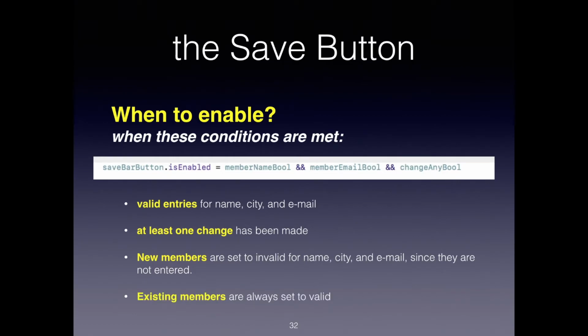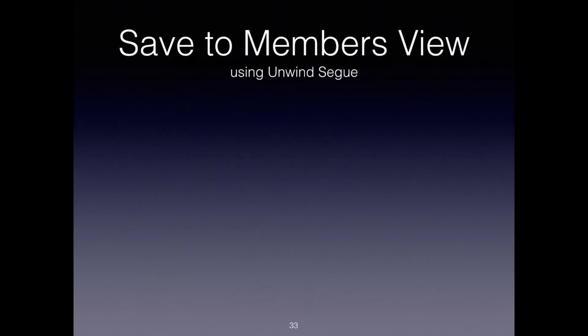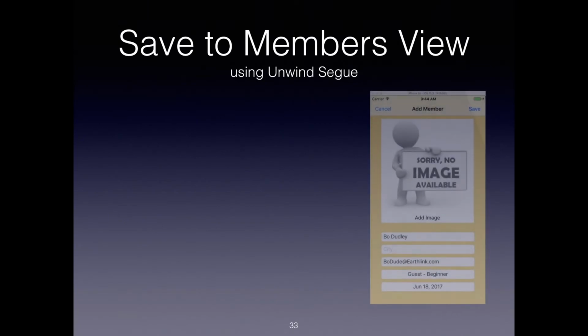And existing members are always set to valid, because if it's an existing member, you're pulling the data from your storage, from the table view, and that data only could get there if it came in through here. Therefore, it was validated before. Therefore, it's valid now. Okay, so that's how we do that.